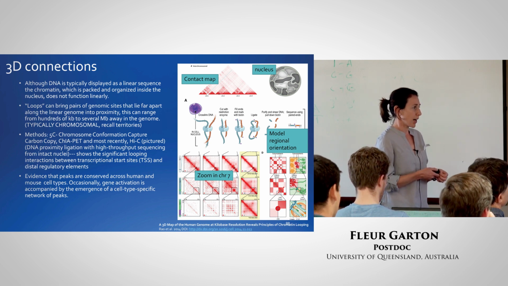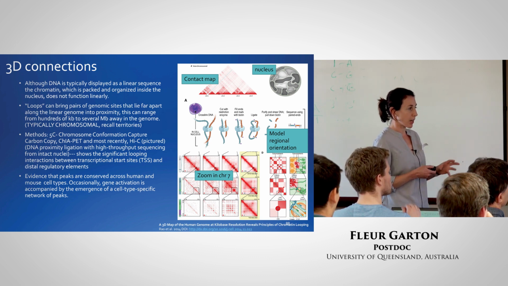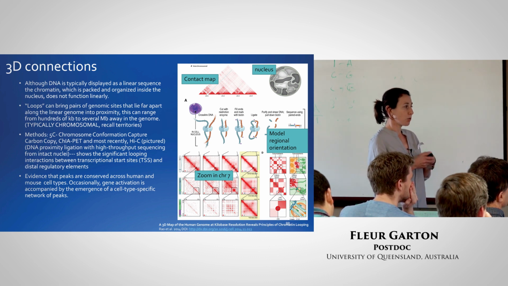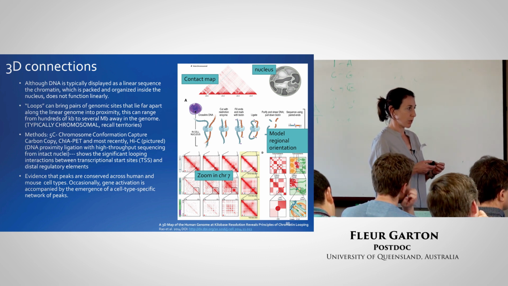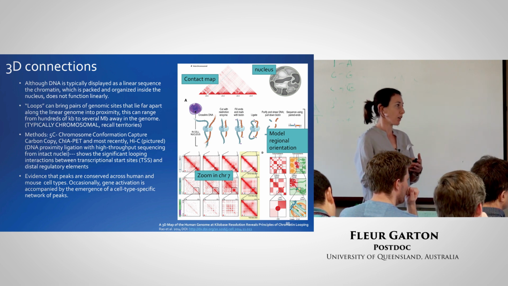And then this figure here just shows a part of chromosome 7 that they've gradually zoomed in on. I'm not exactly sure how they determine the actual folds of that DNA, but they can map the regions that are linking together.